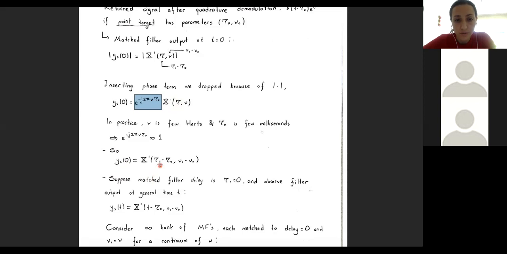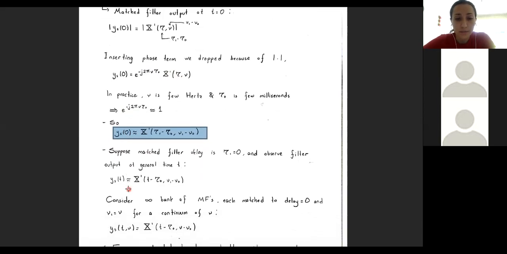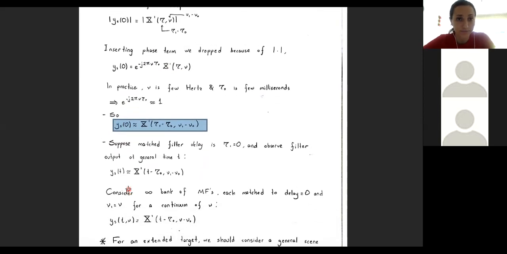If you write it in terms of tau1 minus tau0 and v1 minus v0, it's going to look like this. Now, the output of the match filter is actually a function of time. So far we were only looking at its value at the origin, whether we see a peak at the origin or not. But let's look at the match filter output as a time domain signal, y(t).